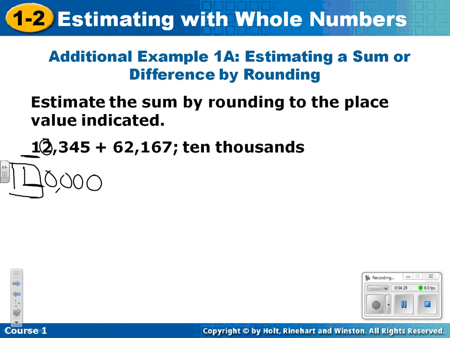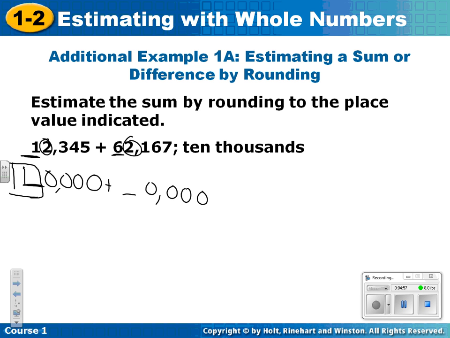It stays the same. So this is 10,000 plus, again, which is our 10,000's place here? The 6. So the 6 is our 10,000's place. This is the number we're going to look at. So we're going to have a 0, 0, 0, 0, because everything after it's going to be a 0. Does the 6 stay the same, or does it go up 1?